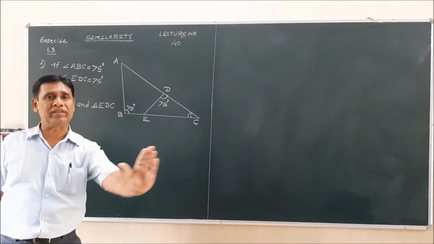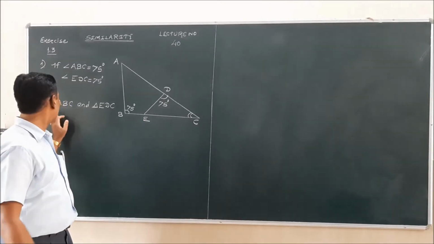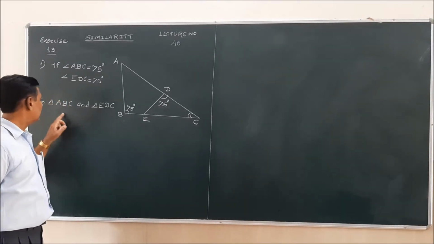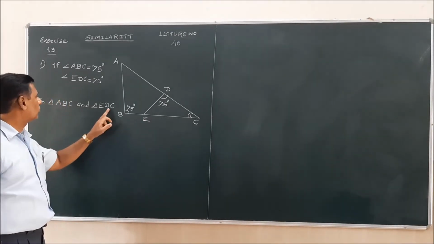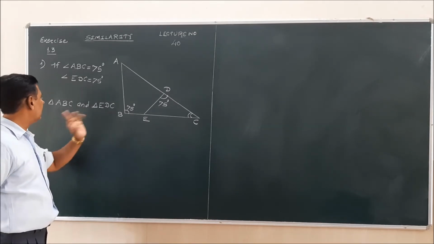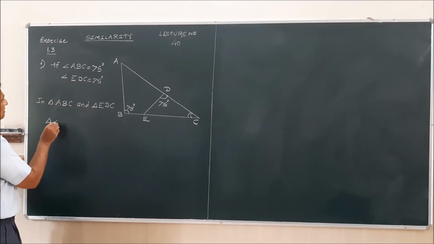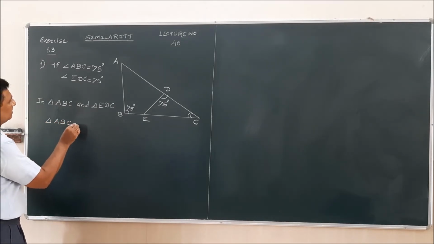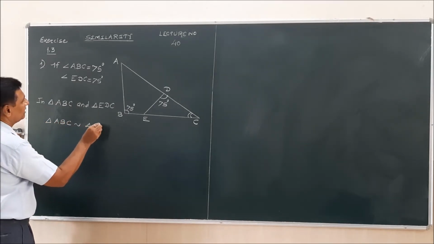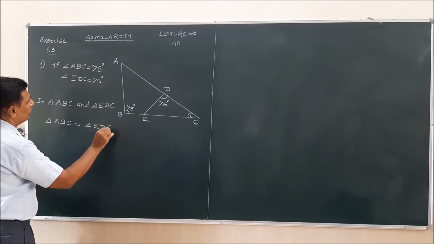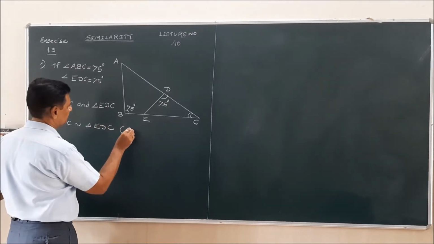So this is how you have to take precaution of writing the names of triangles also with the same sequence in which they are forming a congruent pair. So A is forming a pair with E, B is forming a pair with D, and C is congruent with C. So you will find that triangle ABC is similar to triangle EDC by AA test.